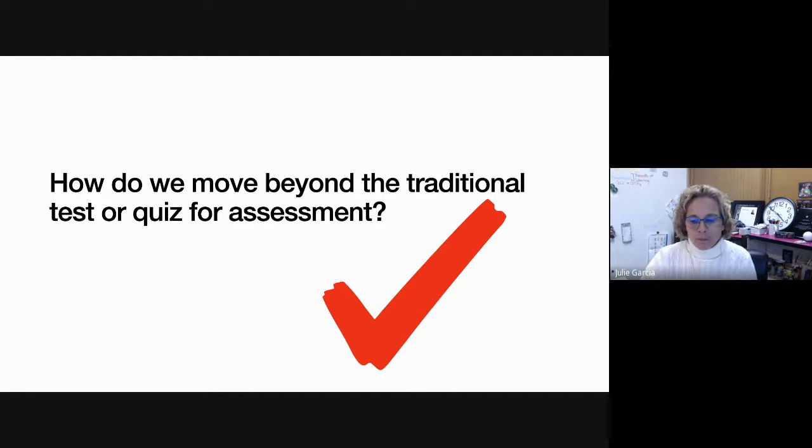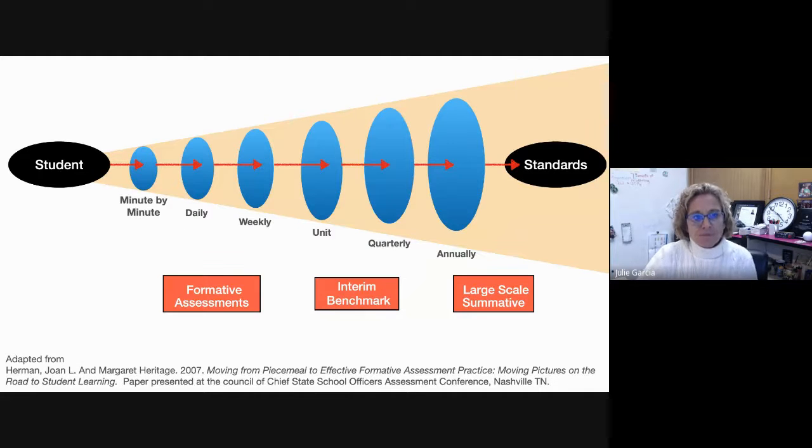So when I bring all these things together, the universal design for learning, how we're providing those multiple opportunities, then we look at where many of those multiple opportunities might be sitting in this kind of assessment spectrum. And then really trying to think of how we move away from the traditional tests and quizzes.